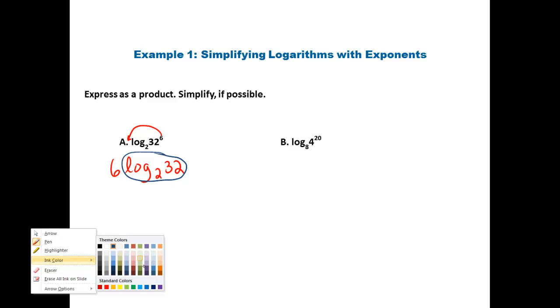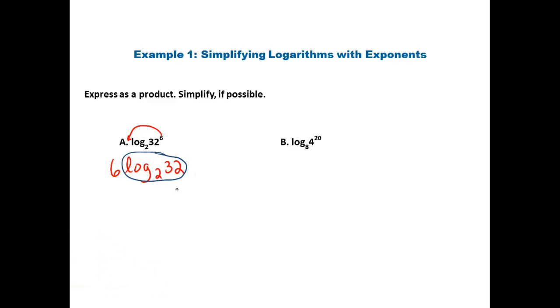Okay, which we can. Alright, so this is saying 2 to the what is 32. Okay, and that is 2 to the 5th. Alright, please feel free to use your calculators for those. So we're doing 6 times 5, which will give us 30.